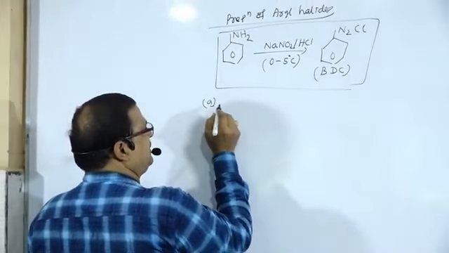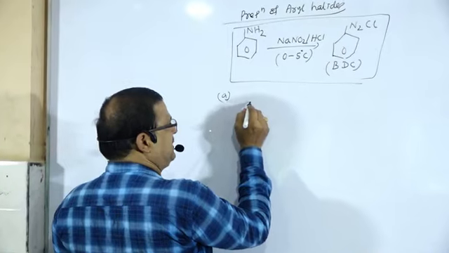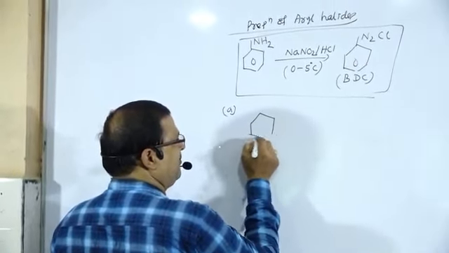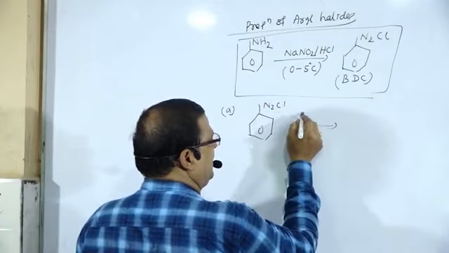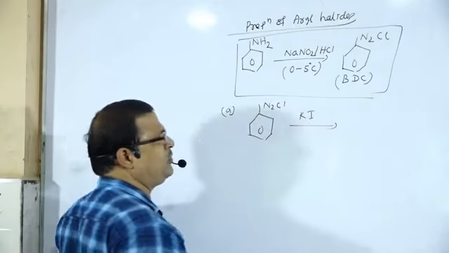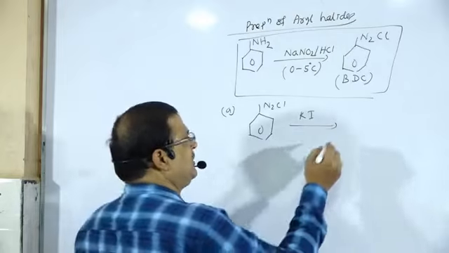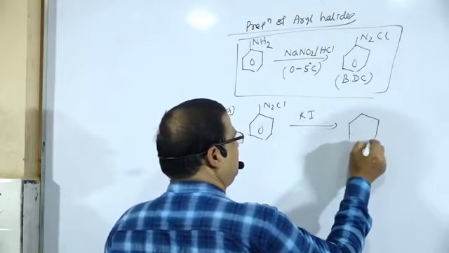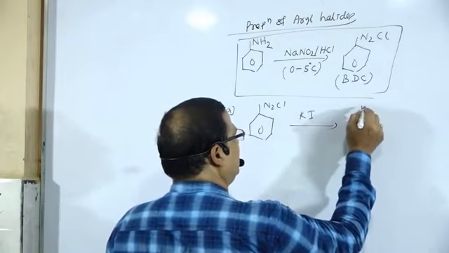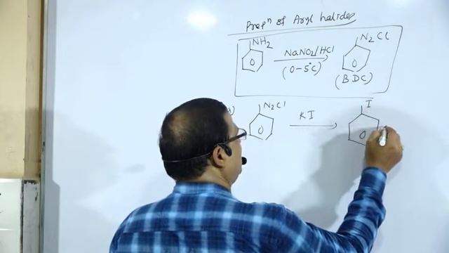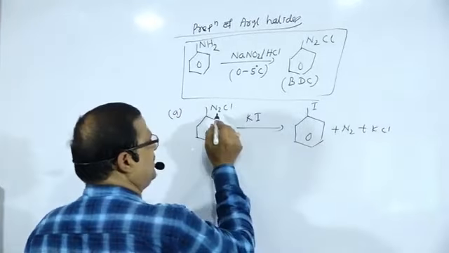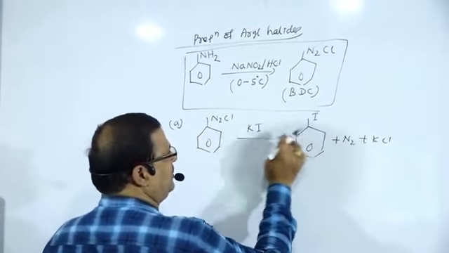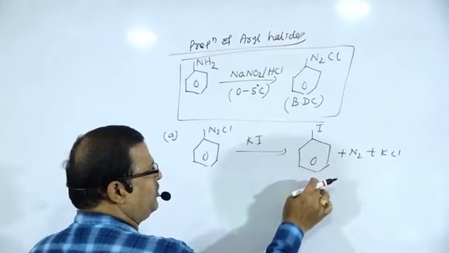First, BDC is treated with KI, potassium iodide. So there is the formation of iodobenzene plus N2 plus KCl. The nitrogen is removed in the form of N2.